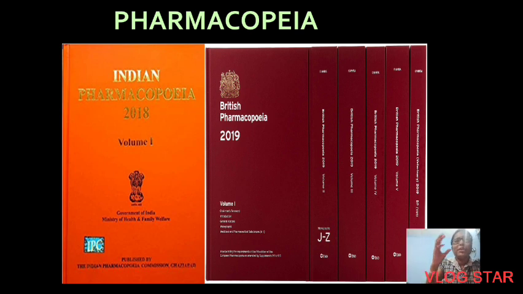And this will be a book for complete standard reference for manufacturing of drugs. This will give the standards of purity, the chemical entity of a drug, and the potency of a drug. So you can obtain the manufacturing standards from pharmacopoeias, and the latest edition of Indian pharmacopoeia is 2018.